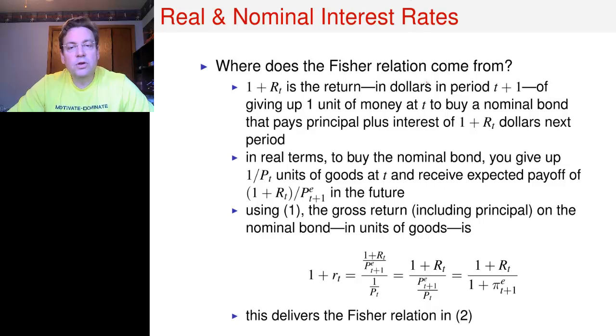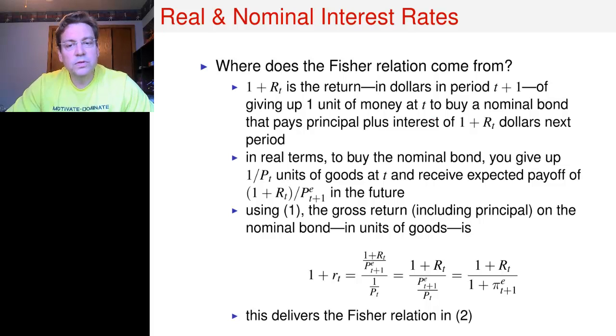So where does this Fisher equation come from? We've talked about this a bit, but I'm going to do it in a little more detail. Well, 1 plus R is the gross return in dollars in period T plus 1. That comes from giving up 1 unit of money at time T, which you use to buy a bond that pays the principal, that's where the 1 comes from, plus the interest, that's the R, dollars next period.